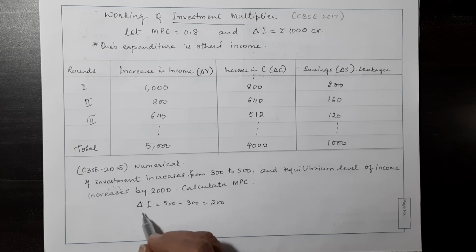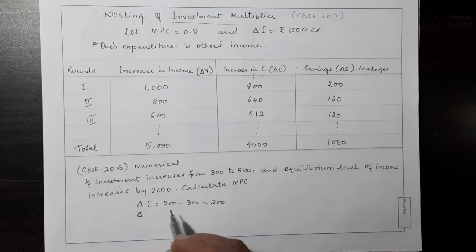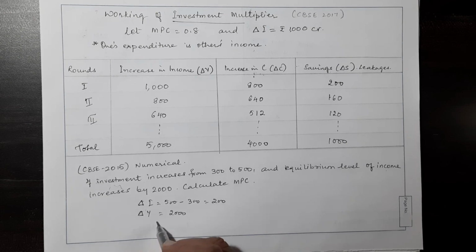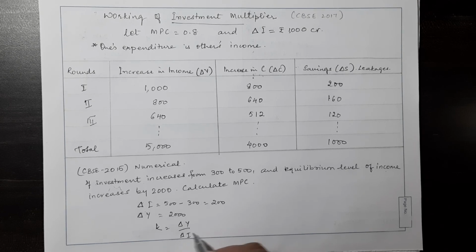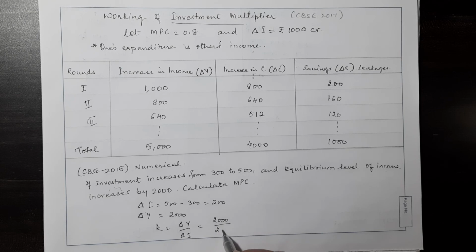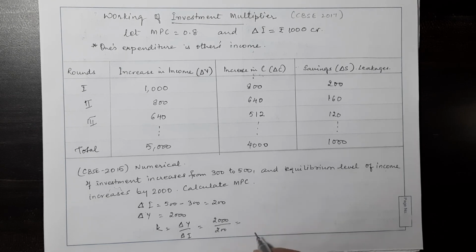And we are given that equilibrium level of income increases by 2000, so delta Y is 2000. So what is the investment multiplier? K is equal to delta Y by delta I, which is equal to 2000 divided by 200, which is 10. So K is equal to 10.